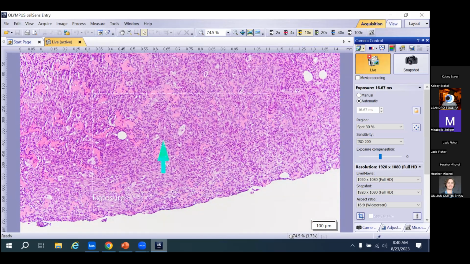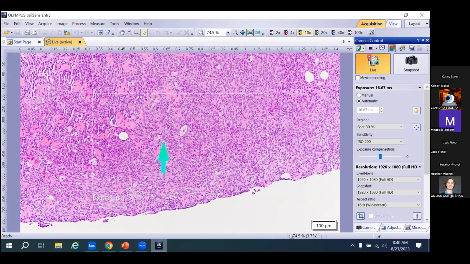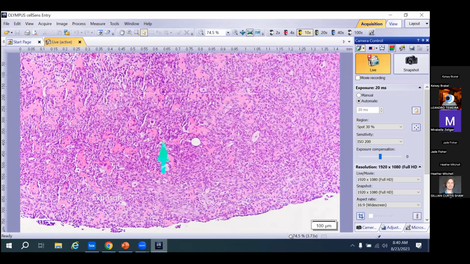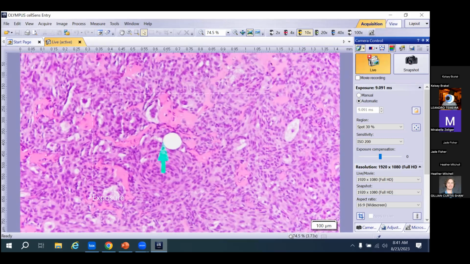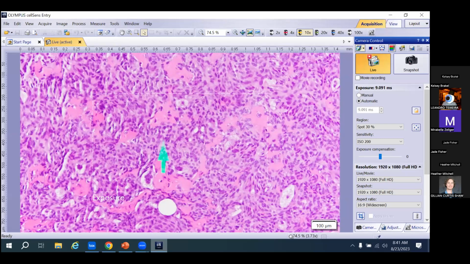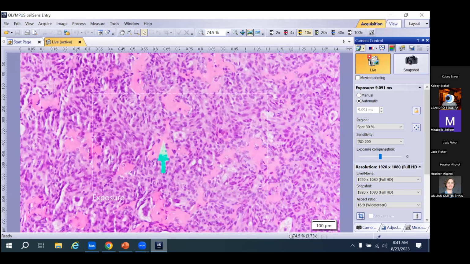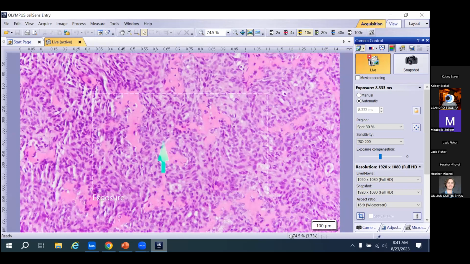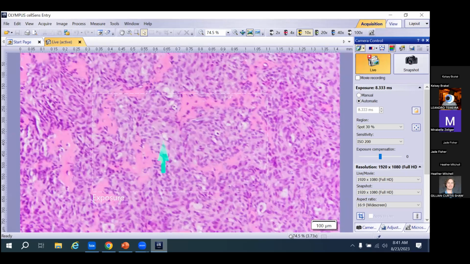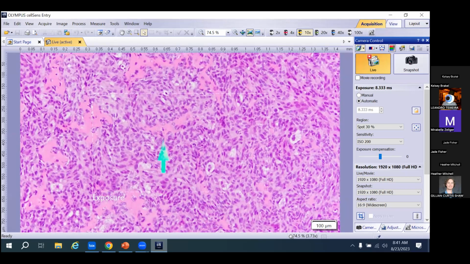And the matrix between the spindle cells is this hypereosinophilic material with some embedded round cells in it, so consistent with osteoid. And so we diagnosed this as an orbital osteosarcoma, possibly a paraosteal osteosarcoma, based on the radiographic findings that were initially received with the initial biopsy.